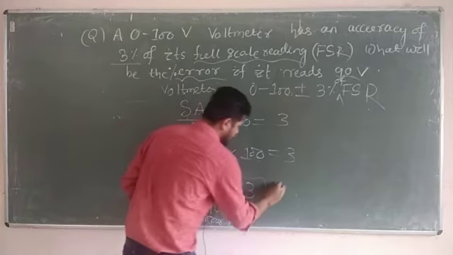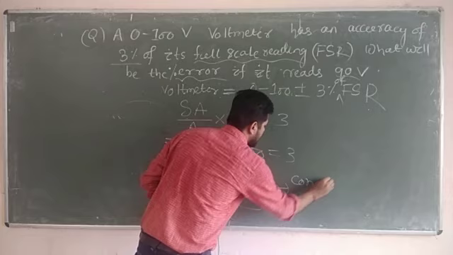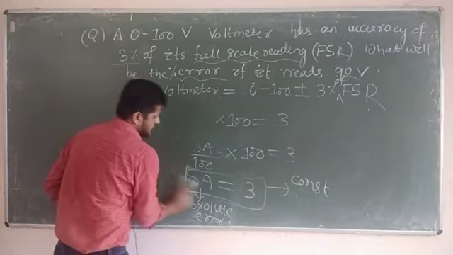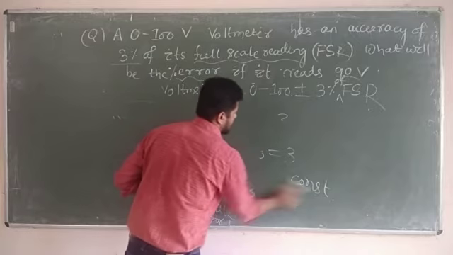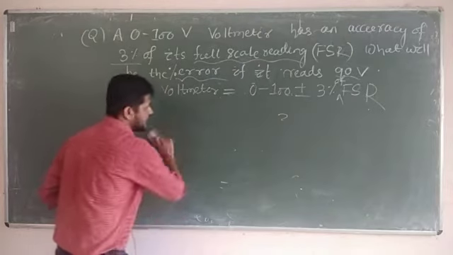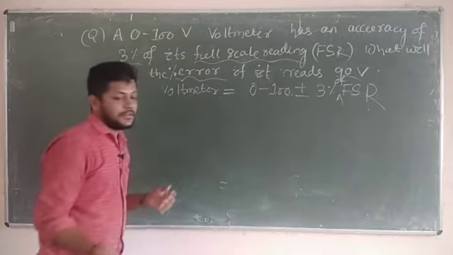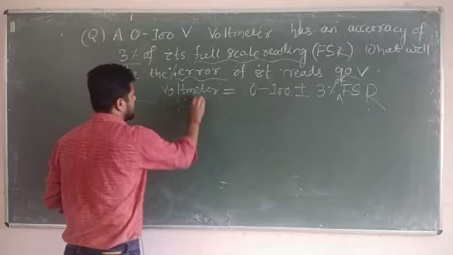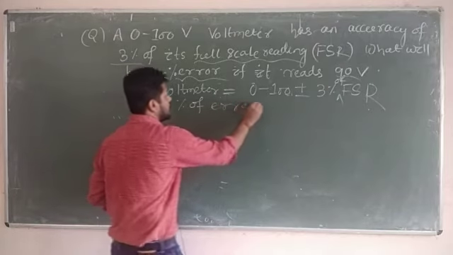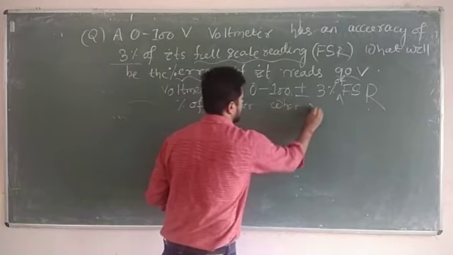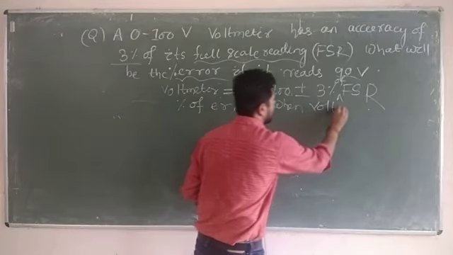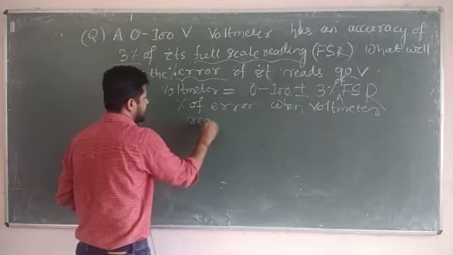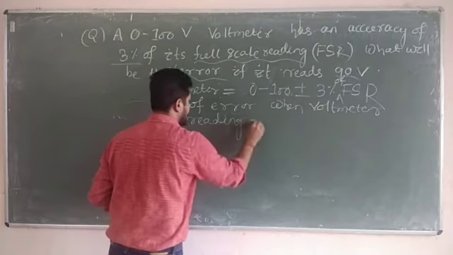See, this absolute error is constant. Absolute error is always constant. Please note it down. Then we will see the percentage of error when the voltmeter reading is 90 volt.